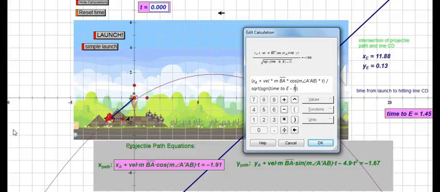And that will restrict it to be only graphed for the values of t that are less than 1.45.